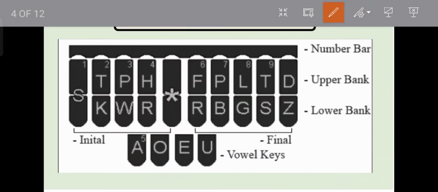You have to press R, U, B, and G together. So that's rubbing. Now that stroke is transcribed as rubbing.